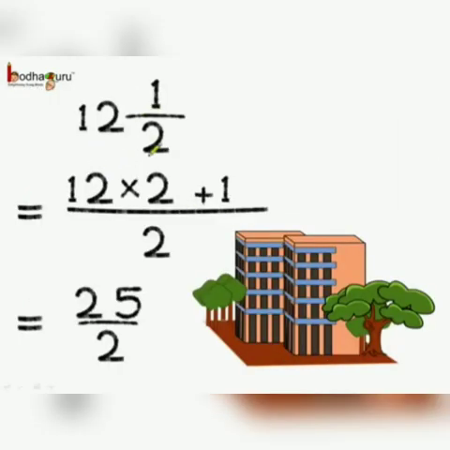For changing into an improper fraction, we multiply 12 by 2 plus 1 and divide by 2. So 12 into 2 is equal to 24 plus 1, which is equal to 25. So the numerator becomes 25 and the denominator remains as 2. So 12 1/2 is equal to 25 by 2.